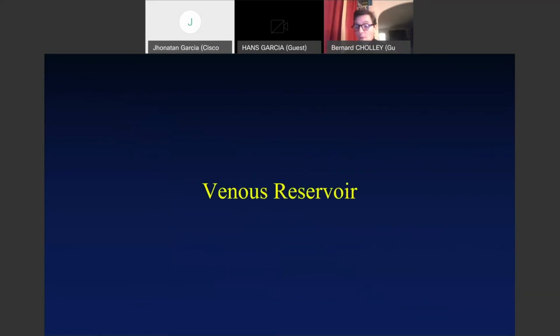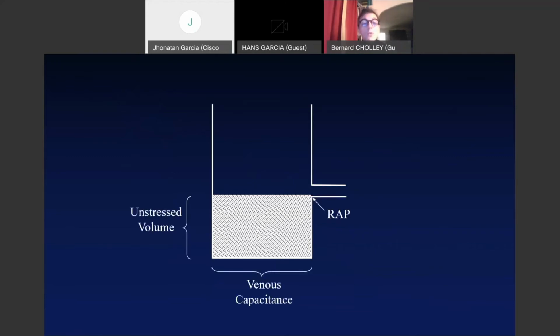So now, if we want to look at these determinants and see where they play their role on the venous reservoir, we have to imagine the veins as a bucket like this. The bucket is not fixed in volume. In fact, you can change the capacitance of the veins.